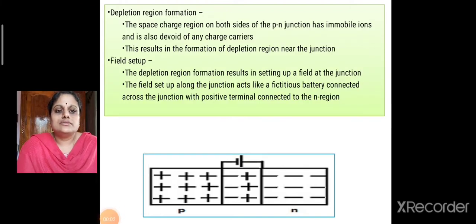From the figure, it is clear that the electric field which is formed due to the depletion layer at the junction will be opposing the field due to the diffusion current. That is, the field set up along the junction acts like a fictitious battery connected across the junction with the positive terminal connected to the N region.